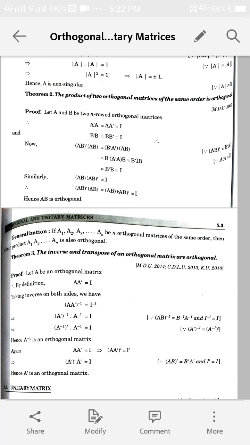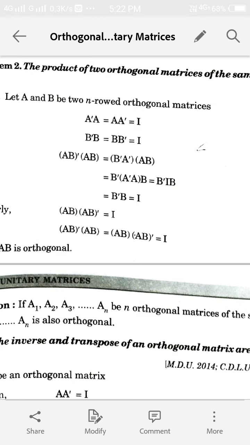So here we find AB transpose into AB, and it will be B transpose into A transpose into AB. Now A transpose into A will be identity because A is an orthogonal matrix. So we are left with B transpose into B, and again B is orthogonal, and that comes out to be the identity matrix.